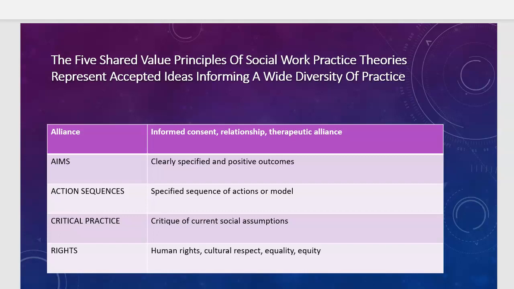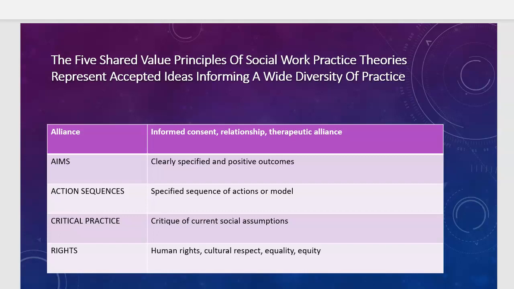Number 1, does the theory direct our attention to an alliance between the worker and the client? So does the theory account for the establishment of a relationship, of the development of a therapeutic alliance that will be helpful to the client, and to informing the client about informed consent?